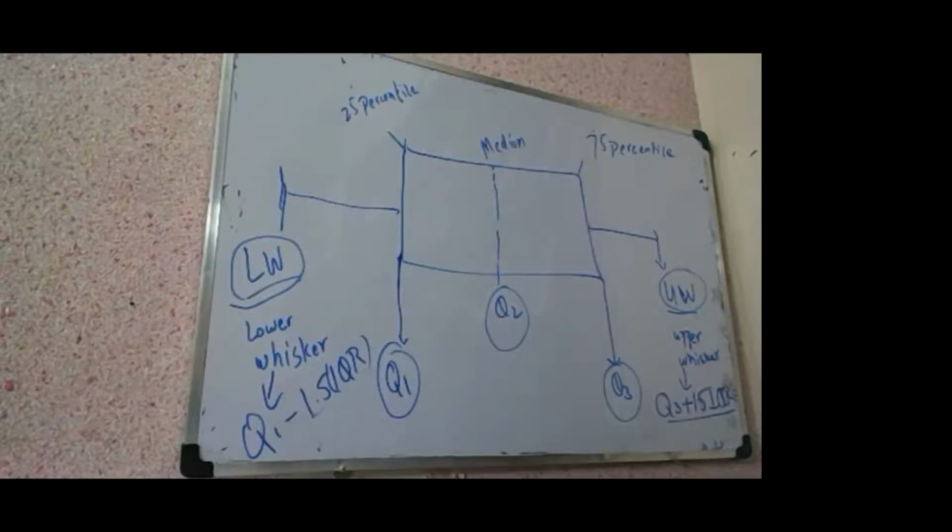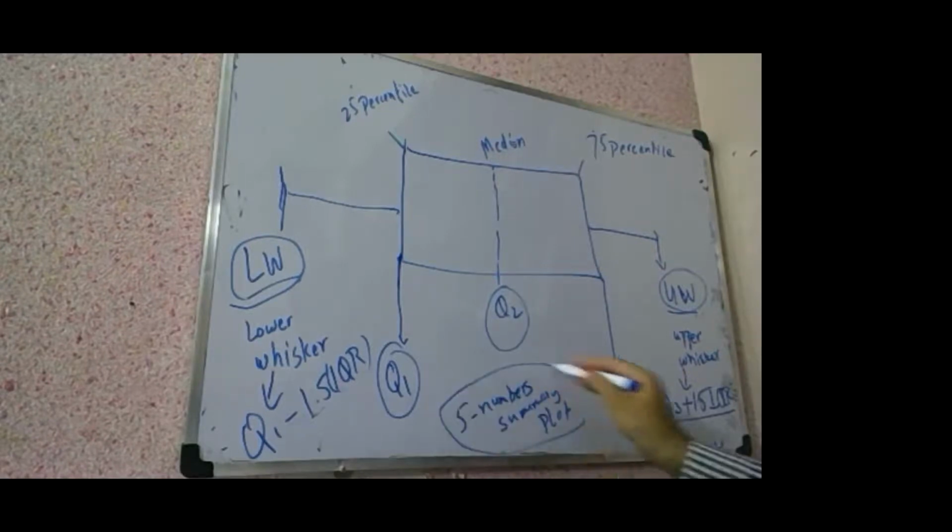So based on these five values, we can plot the box. Hence, it is also called 5-number summary plot. It's really interesting.